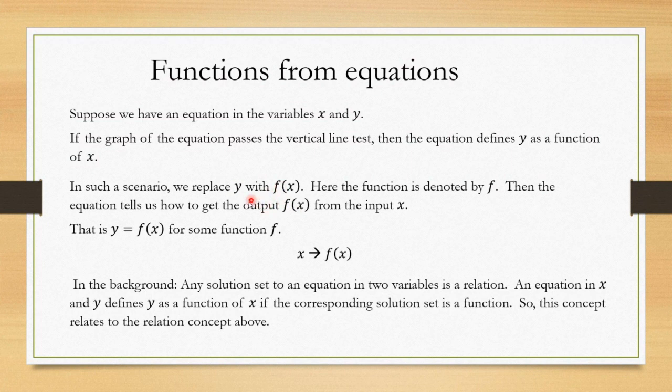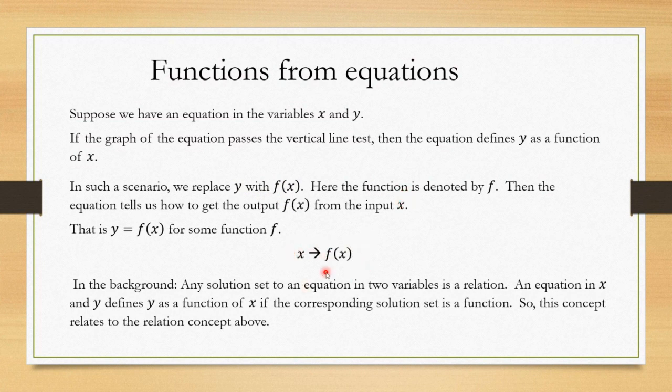In other words, if you're able to get y in terms of x, you can actually get a formula for that function. And what the formula does is tell you, at least algebraically, how to get your output from each input.